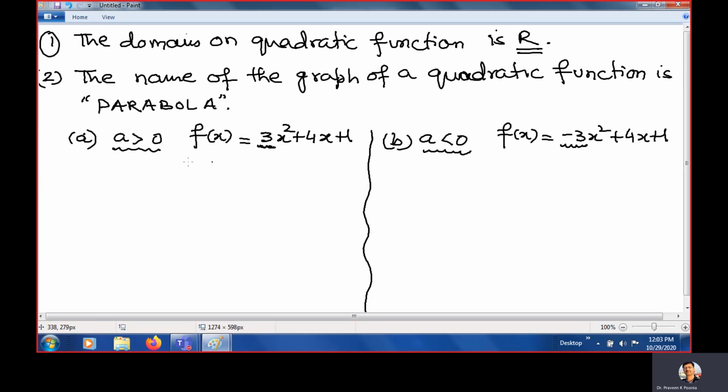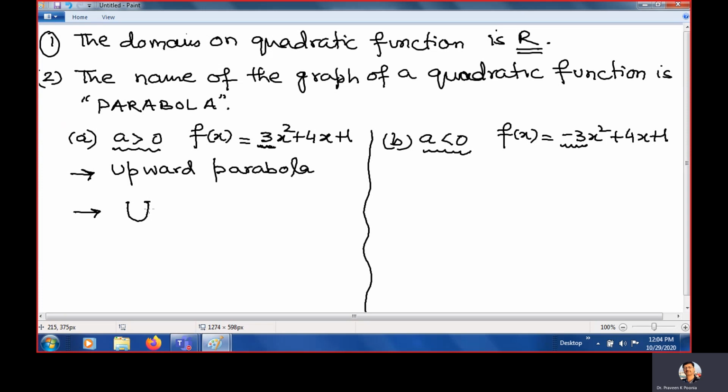Clear? In the first case we get an upward parabola. What is this called? Upward parabola, and it is in the shape of a capital U. This is the shape of the parabola.